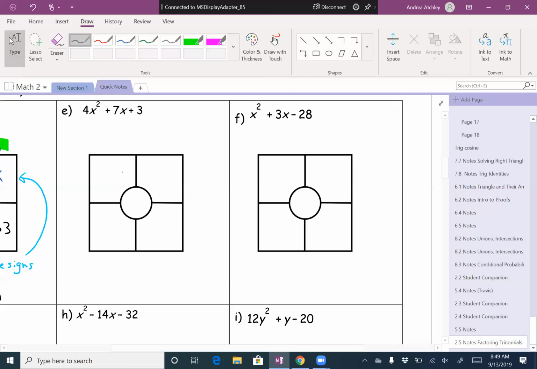We have the 4x squared plus 7x plus 3. We're going to do that same idea. We want to know what multiplies to 4x squared.